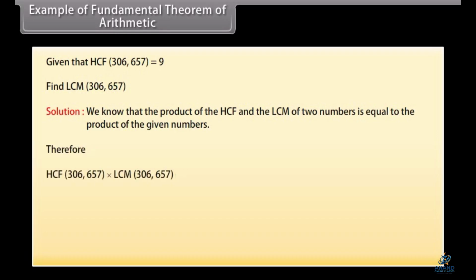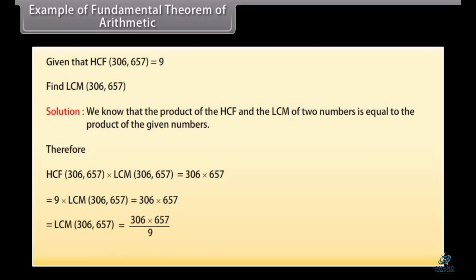Therefore, HCF(306, 657) into LCM(306, 657) is equal to 306 into 657, so 9 into LCM(306, 657) equals 306 into 657, which gives LCM(306, 657) equals 306 into 657 upon 9. LCM is equal to 22,338.